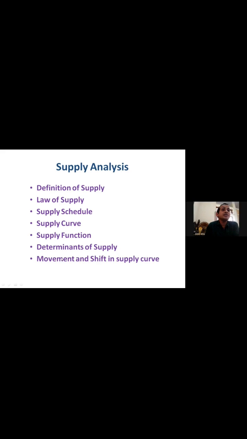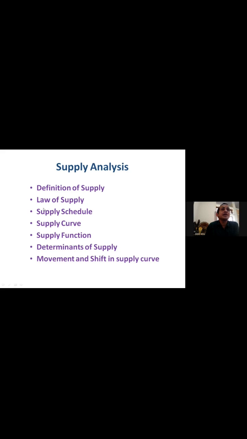Based on this topic, there are some questions and answers we will address throughout this session. Like, what is supply, or what do you understand by supply? Then, what is the law of supply? Discuss with supply schedule and supply curve.